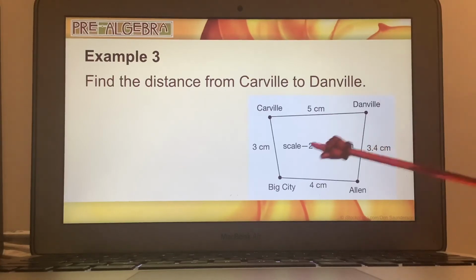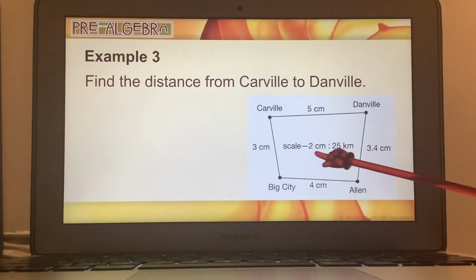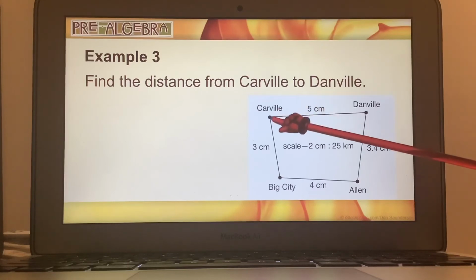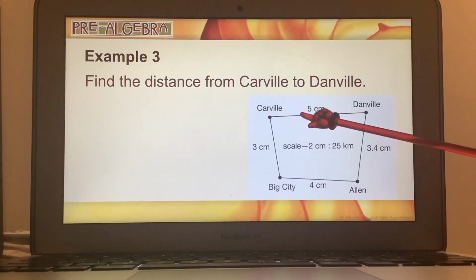And then here's our scale. 2 centimeters is equal to 25 kilometers. So every 2, that's almost half of this length right here. Okay, so from Carville to maybe about right there, that would be 2 centimeters. And they're saying that those 2 centimeters right here is equal to 25 kilometers.